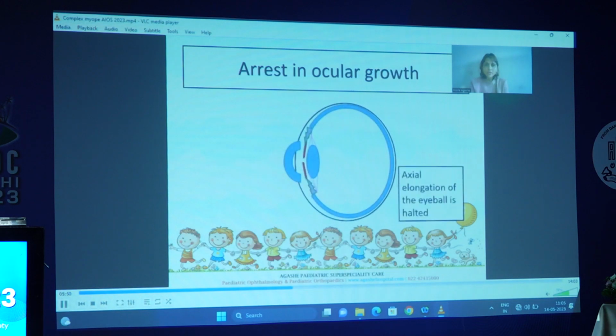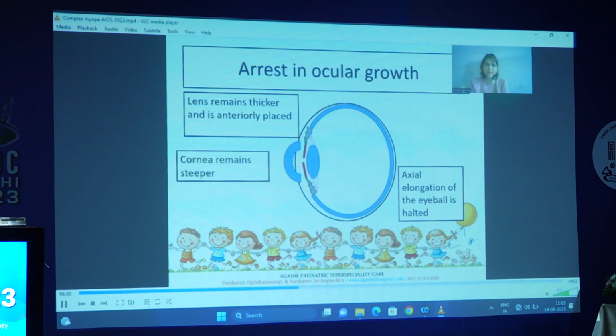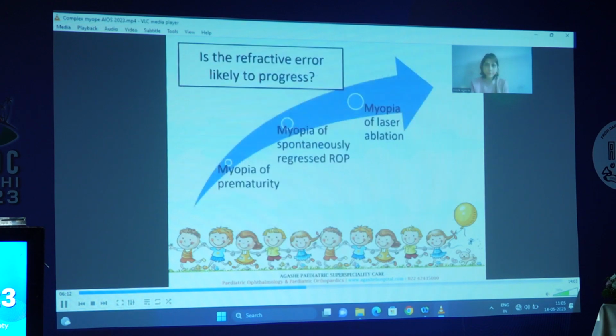So what I mean by arrest in ocular growth is basically the normal emmetropization process gets changed. So axial elongation of the eyeball is halted. The lens remains thicker and is anteriorly placed. The cornea remains steeper and the anterior chamber remains shallow. So the myopia in these kids is not of axial origin is one thing that we need to note.